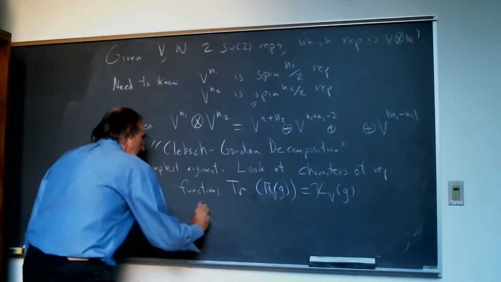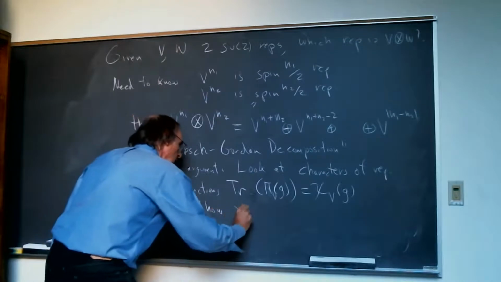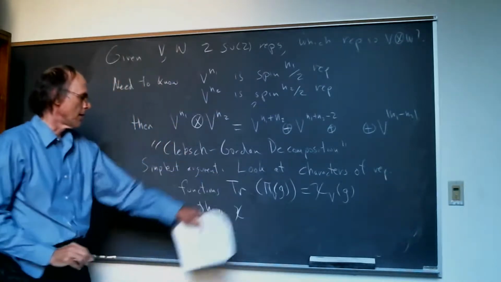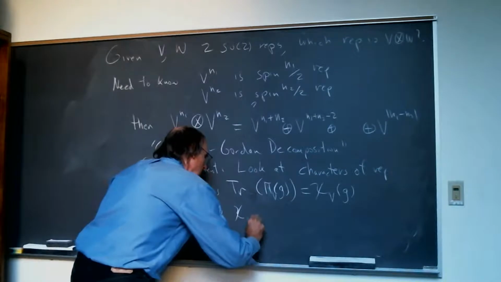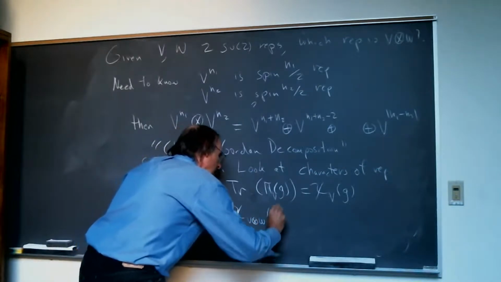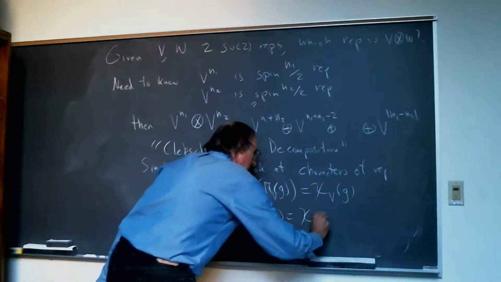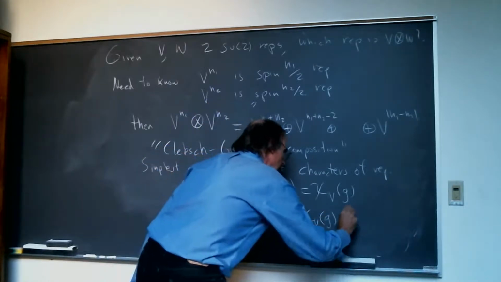And then what you show is that the characters are multiplicative: chi of V tensor W.